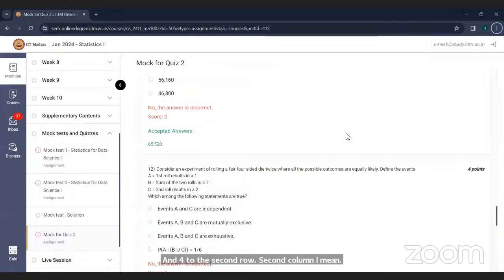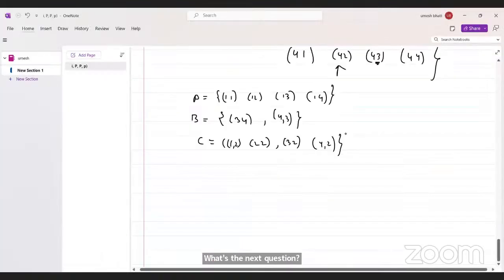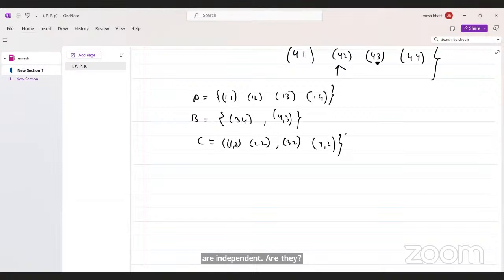Are events A and C independent? One outcome is common in both. For independence, we have to check that the probability of A intersection C is equal to the product of the individual probabilities. In A intersection C, we have only 1,2, so the probability is 1 by 16.